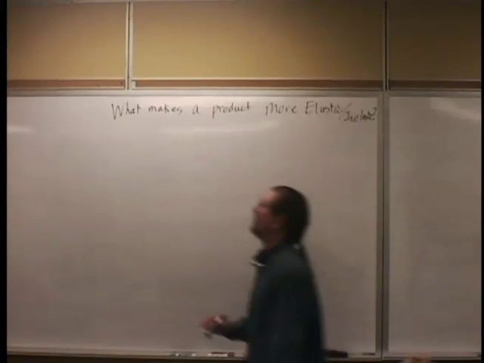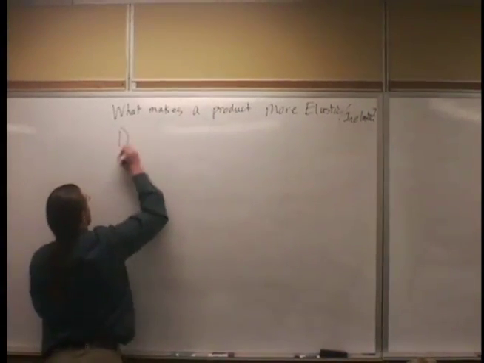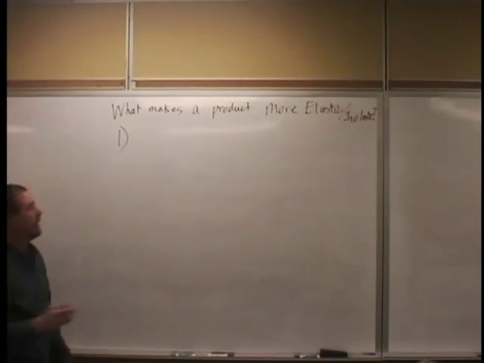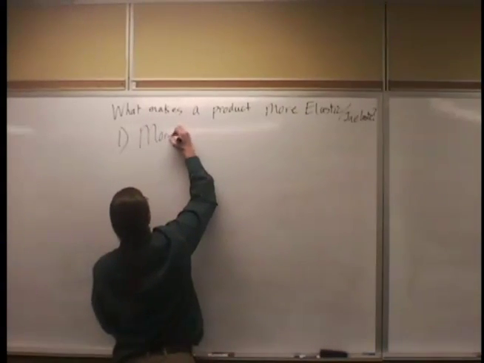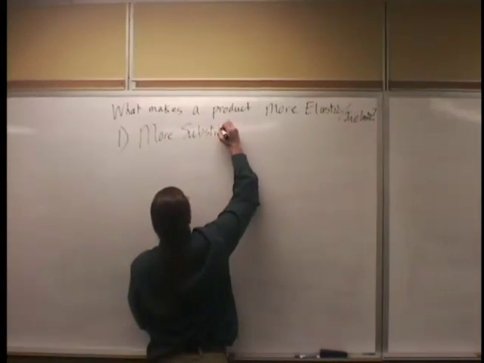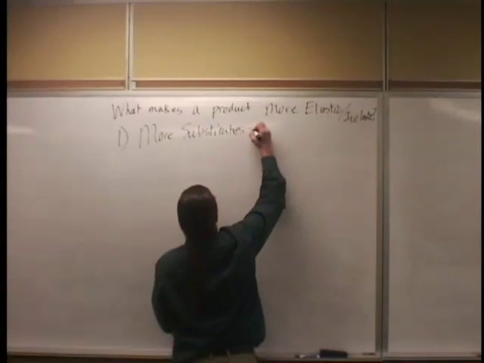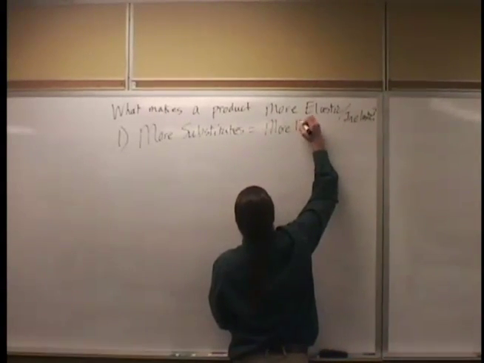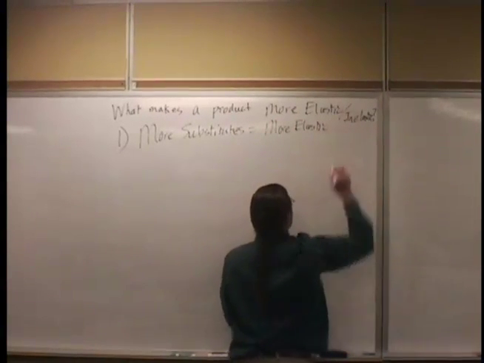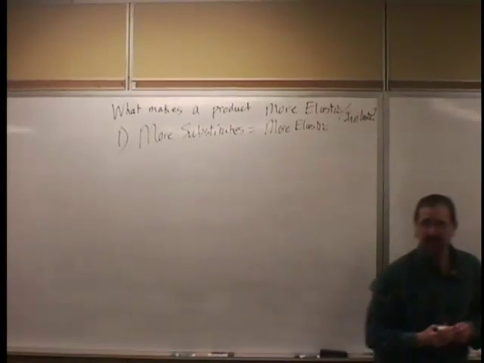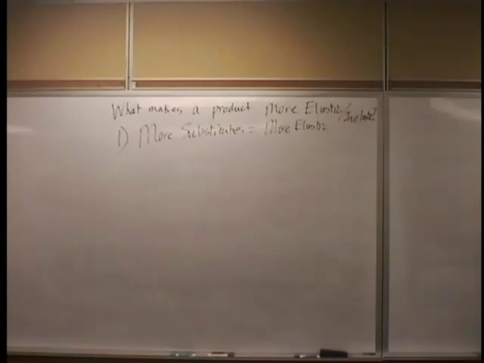Okay, very good. The very first example, and the number one reason, right? More substitutes equals more elastic. In other words, when they raise the price, do you have an alternative that you can go buy?